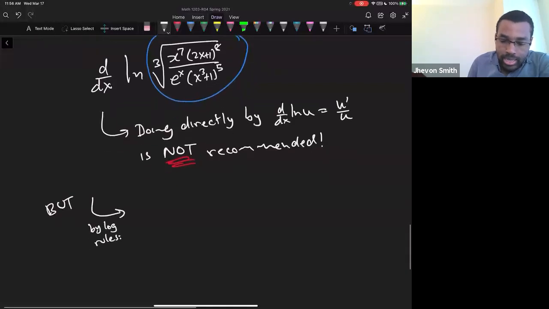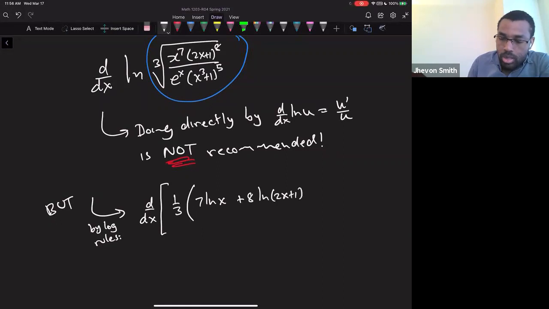you would notice that this is the same as the derivative of 1/3 times 7 ln x plus 8 ln of 2x plus 1 minus x minus 5 ln of x cubed plus 1.